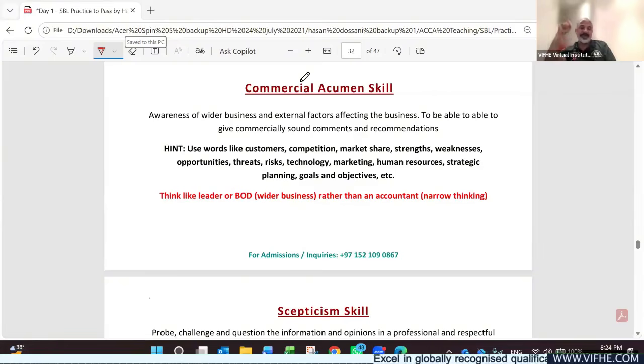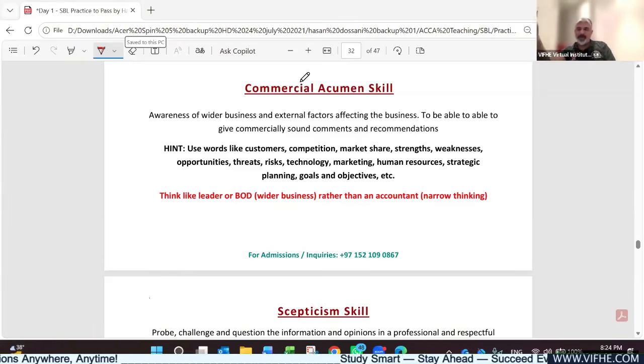So, is a cyber breach a good thing or a bad thing? If there's a cyber breach, which means our data was leaked or hacked or corrupted or destroyed, is it a good thing or a bad thing? It's a very bad thing. Why? What is the impact of a cyber breach on the company? Why is it bad? Here you go.